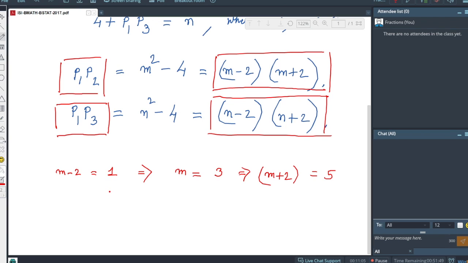So the only possible case is that both of them are primes. So m minus 2 is a prime, m plus 2 is a prime, as well as n minus 2 is a prime, and n plus 2 is a prime.